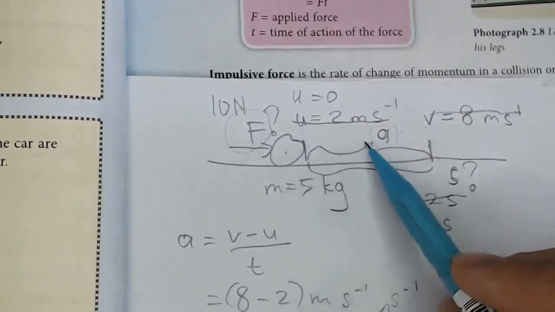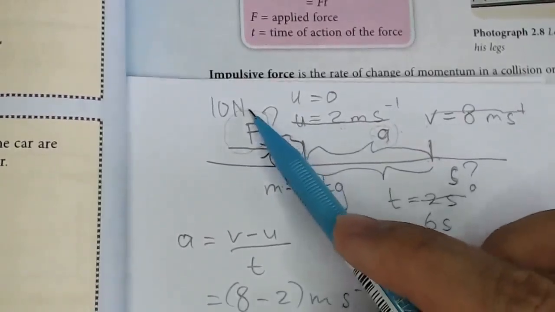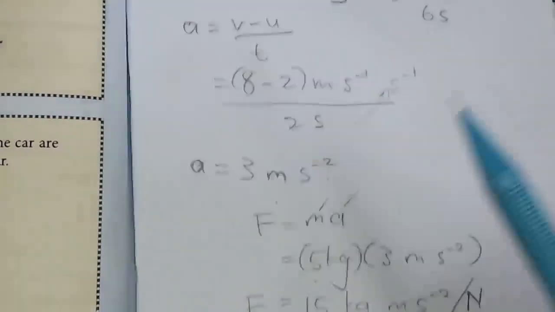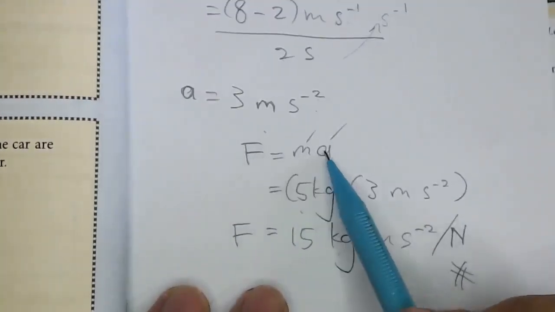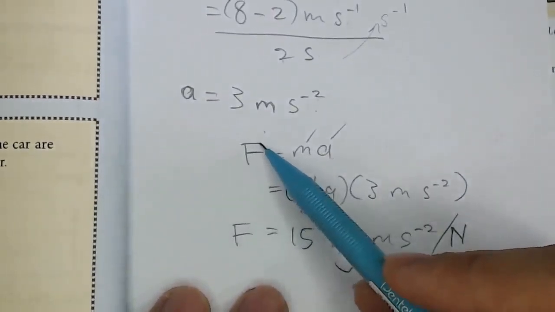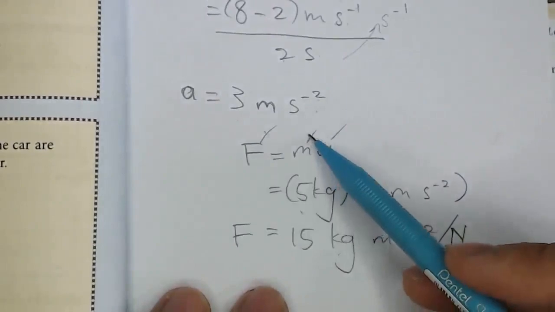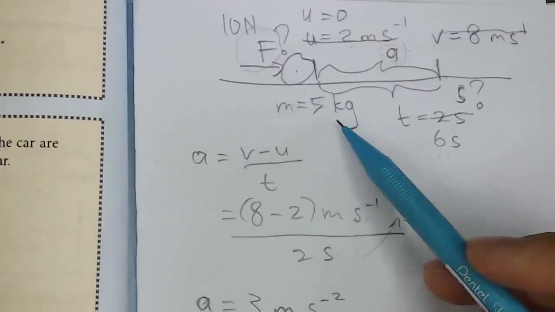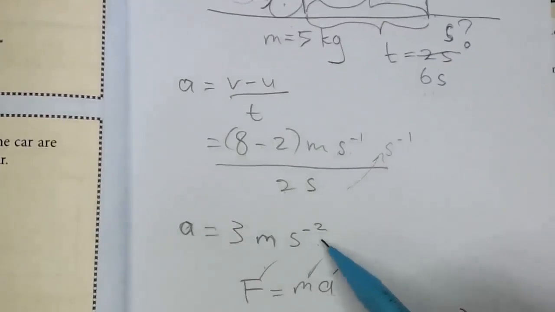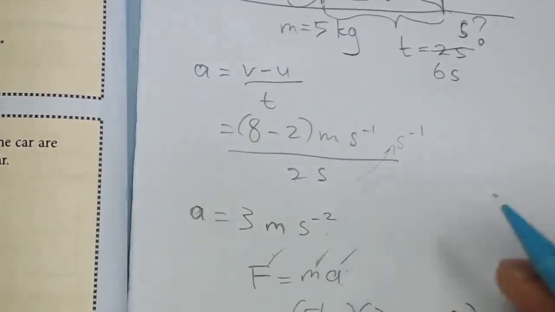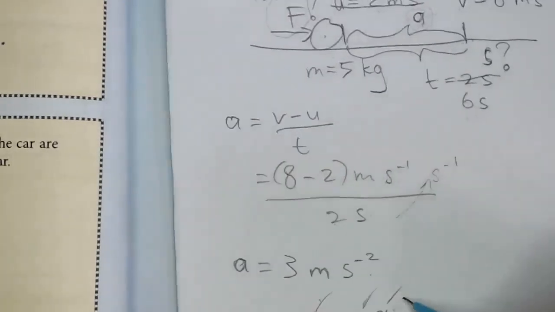Yes, of course. Remember, we have this formula which relates these three. We have the value of F, that is 10 Newton. We have the value of M, which is 5 kilo. Can't we find the value of A? Of course we can. We do the algebra.